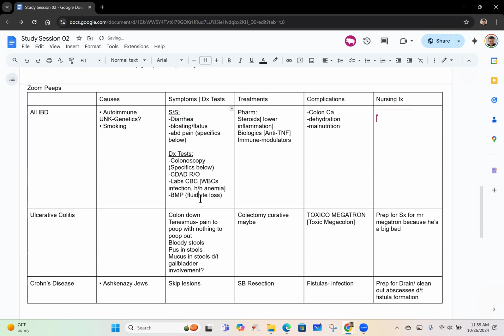That would be something to recommend for nurse interventions, right? Replace fluid and electrolytes. It's like under non-pharm maybe, and non-pharm and nurse interventions do have a lot of overlap. Okay, so diarrhea management, fluid and lytes. Not many other non-pharm things, right?